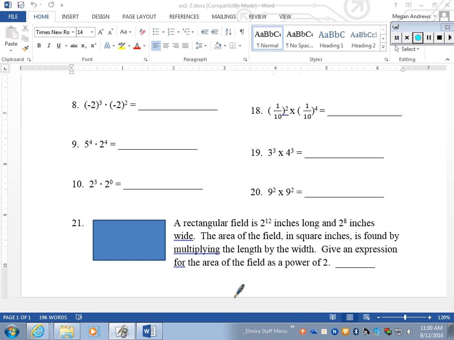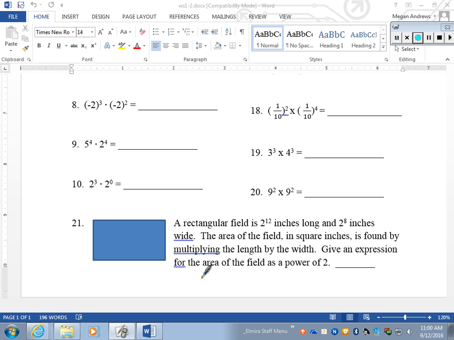Give an expression for the area of the field as a power of 2. So here's what I would do. I would label my diagram. I'm a big fan of labeling the diagram. 2 to the 12th for the length, 2 to the 8th for the width, and here's the word area. And it even tells you, in case you forgot how to do area, it's multiply length times width.